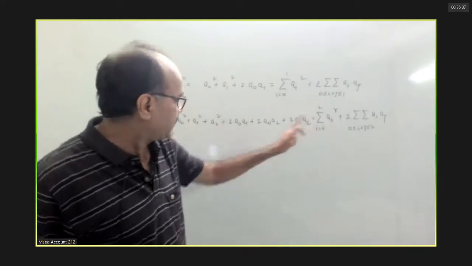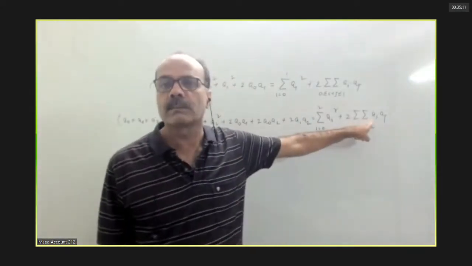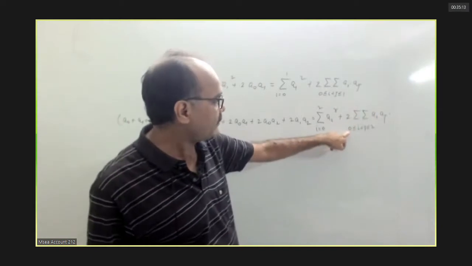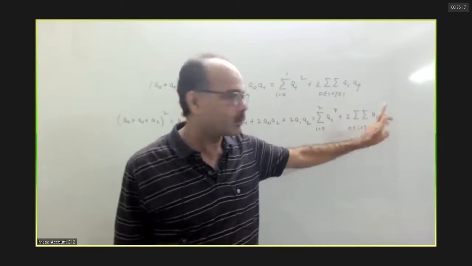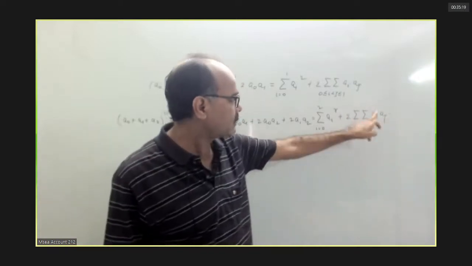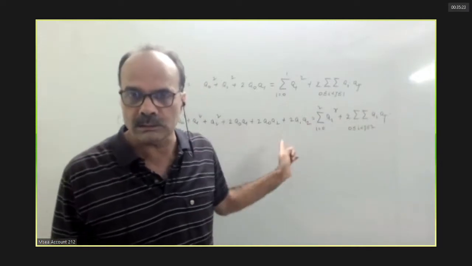If you expand this summation, you will get these 3 terms. If you expand this double summation, fix up I 0, a0 a1 plus a0 a2. Fix up I 1, a1 a2. That's all 3 terms.